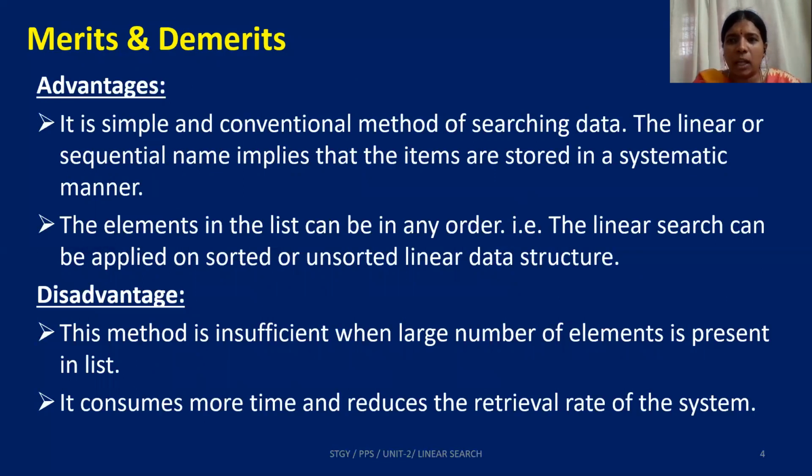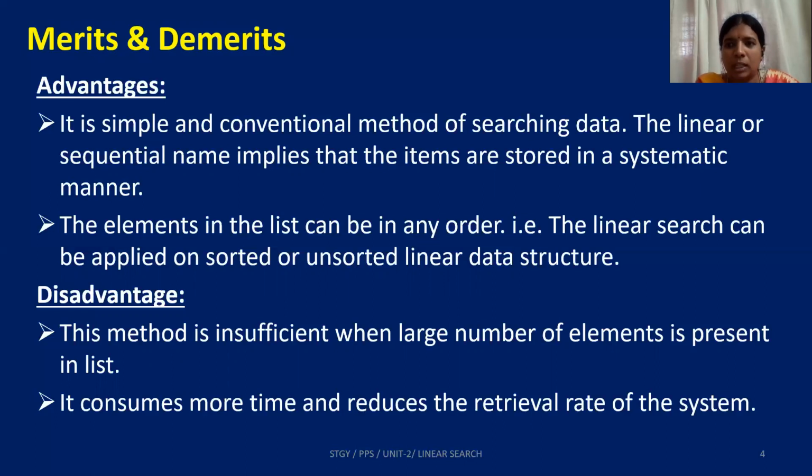So what are the advantages of this sequential or linear search, and its demerits? The advantages include a simple method. It is usually preferred when the elements are at the start, and it also does not bother about the ordering of the array. These are the merits of this sequential search, whereas it has its own set of disadvantages as well.